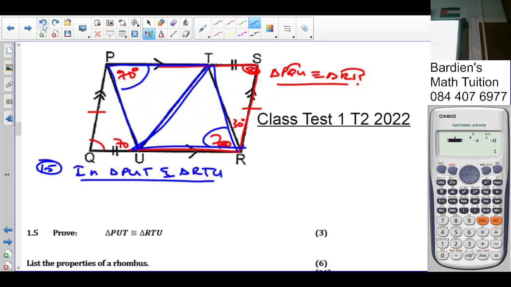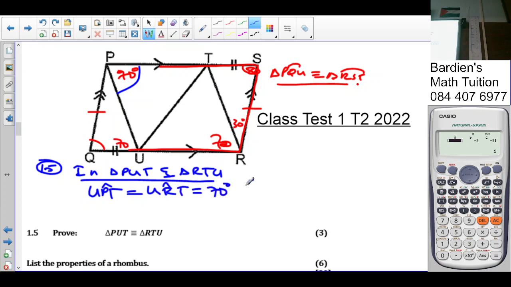So let's go again. So what do we say? We firstly say, can I just say angle P? No, boring. You must say UPT. This angle is equal to URT, or TRU, which is equal to 70. Why is that 70?